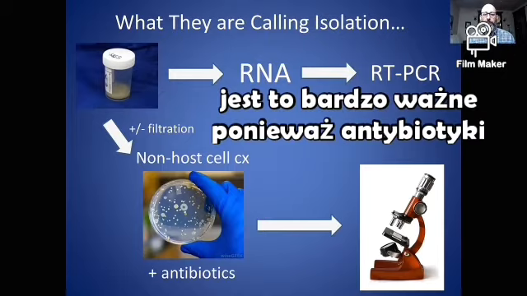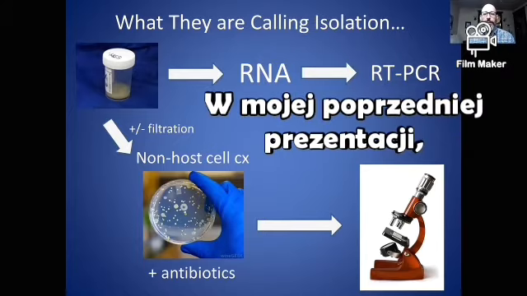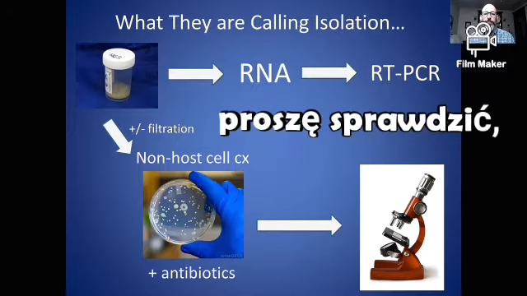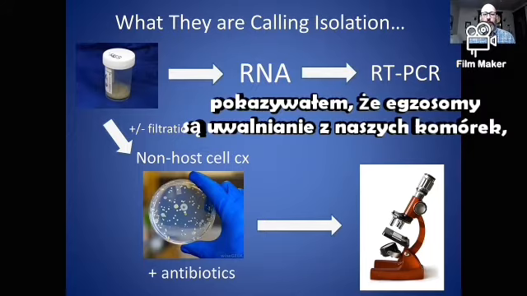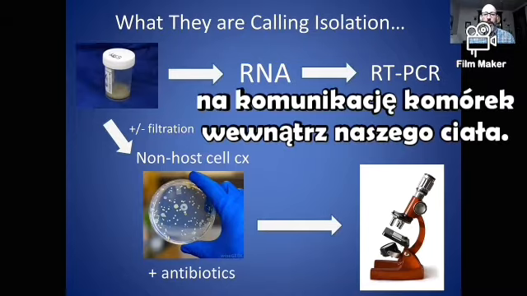And this is really important because the antibiotics actually induce exosomes. And if you've seen my previous talk, or if you haven't, please take a look at it. You'll see that exosomes are particles secreted by our own cells, and they help us heal from disease and communicate with each other inside our body, allow different cells to communicate.